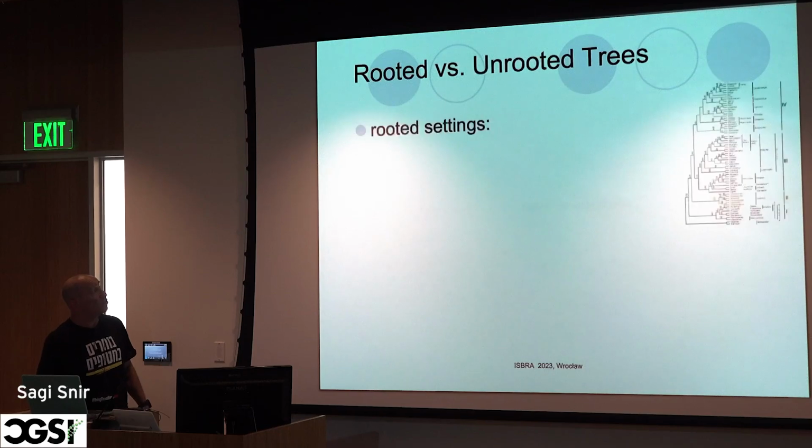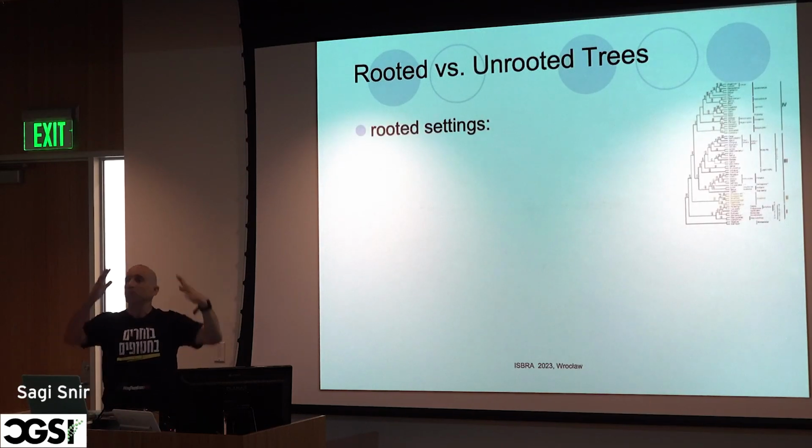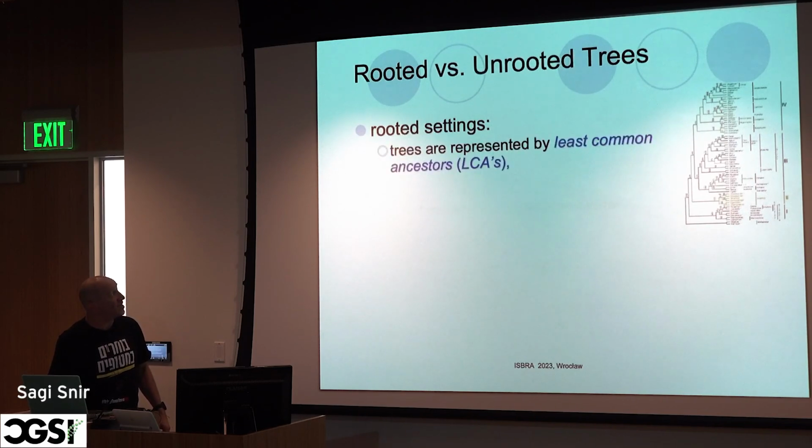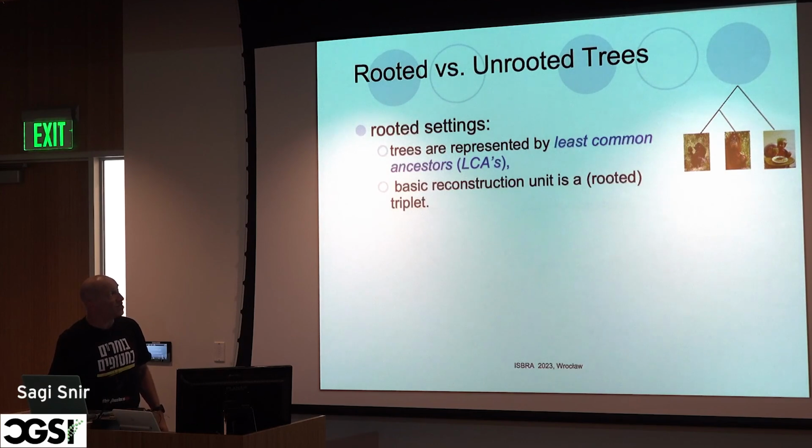With rooted trees, we have a root and the notion of time is present. So we know the time, we know what follows each event, and so the least common ancestor is the principle here, and the basic reconstruction unit is a rooted triplet.